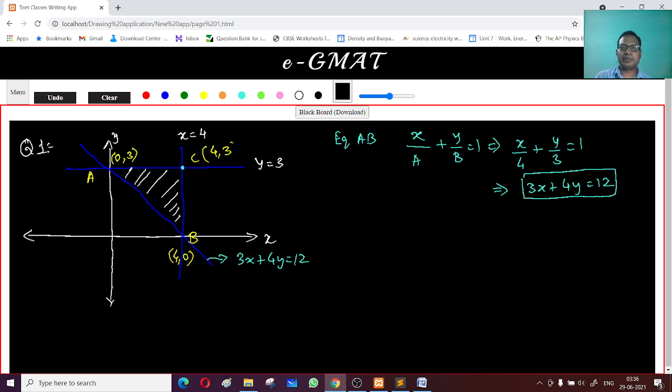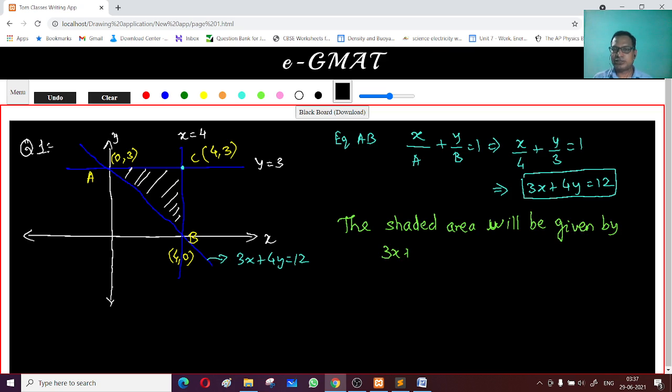4 comma 3, right? So you see that we are considering the space which is behind x is equal to 4, and which is beneath y is equal to 3, and which is above this line, right? So we can say that this shaded area will be given by 3x plus 4y.